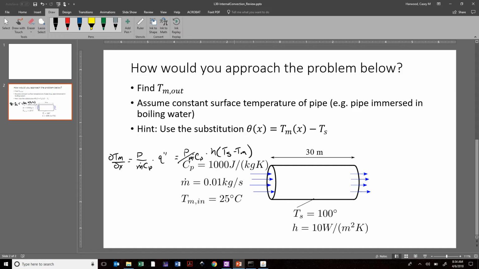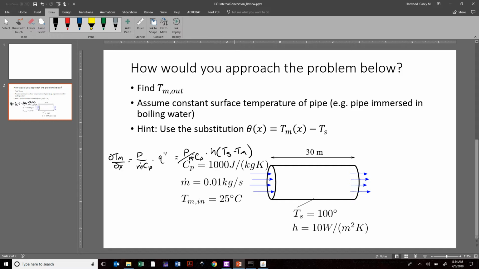So I want you to spend just another minute or two making some headway on this. As we've done in similar problems in the past, namely as we did the fin equation, we're going to use some substitution of variables.